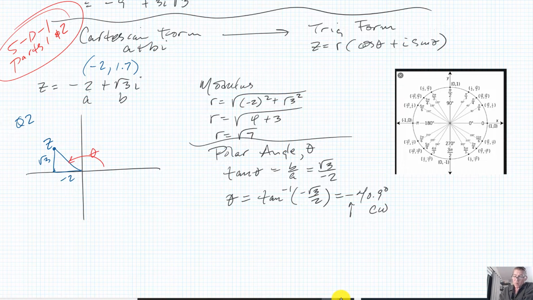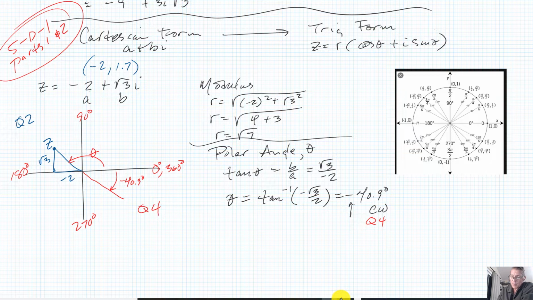Now we want theta. This is 0, 90, 180, this is 270, and then back to 360. So theta is between 90 and 180. Now the calculator gives us negative 40.9 degrees, and that's a clockwise rotation, and that, my friends, is in quadrant 4. So it's actually here. This is negative 40.9 degrees, a quadrant 4 angle.